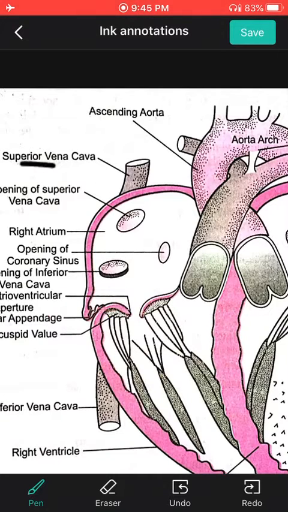The superior vena cava collects blood from the upper part of the body and brings it to the heart. As the heart is four-chambered, the upper two chambers are the auricles or atria, and the lower two chambers are the ventricles. The blood from the upper part of the body is brought to the right atrium by the superior vena cava, and this is the inferior vena cava.